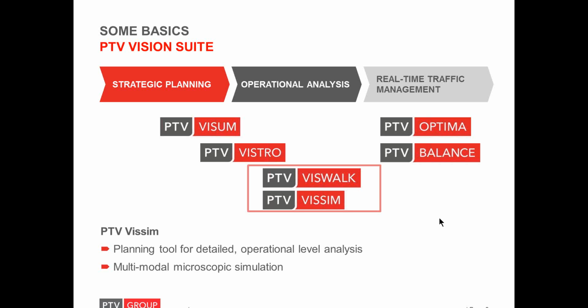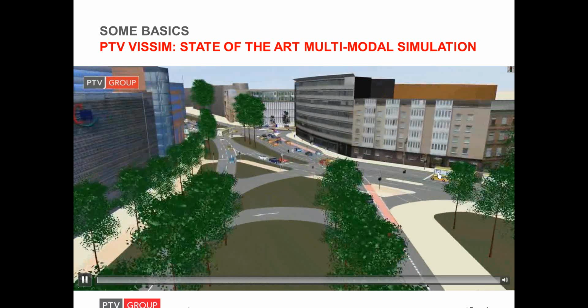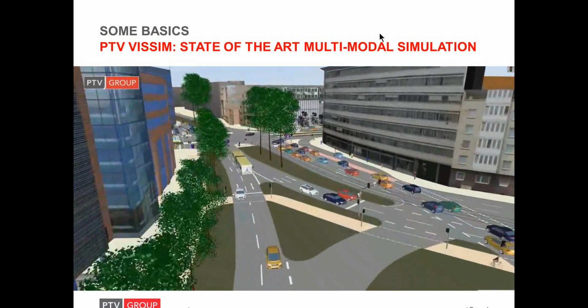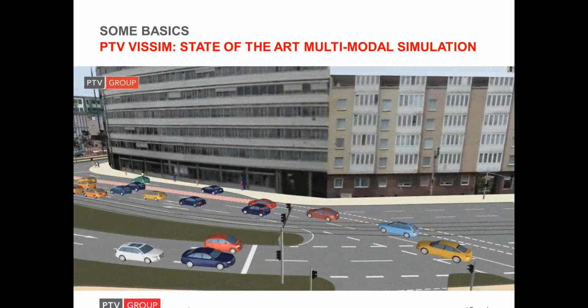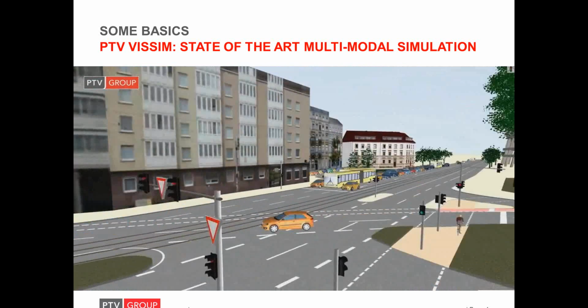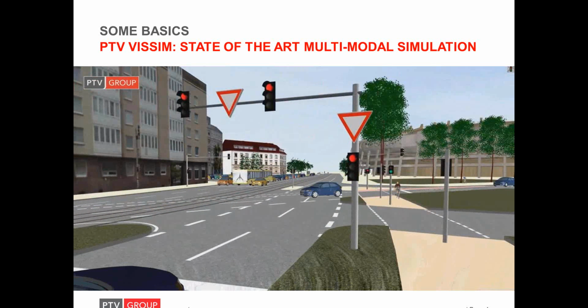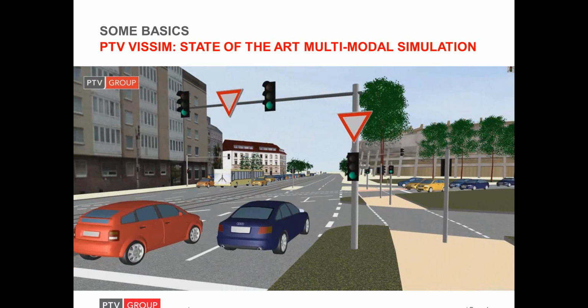The following animation, which was exported straight from a Vissim simulation, shows several important aspects of Vissim. You can see that traffic is represented by individual vehicles rather than a macroscopic representation. Each individual behaves according to behavior algorithms, and you can see it is multimodal.